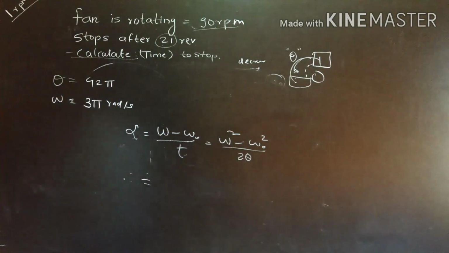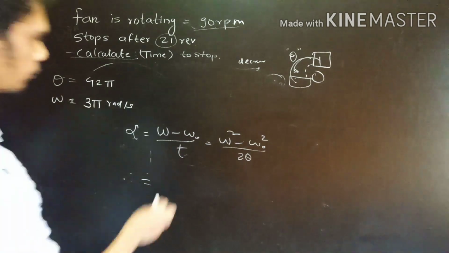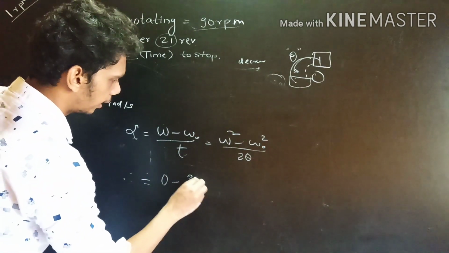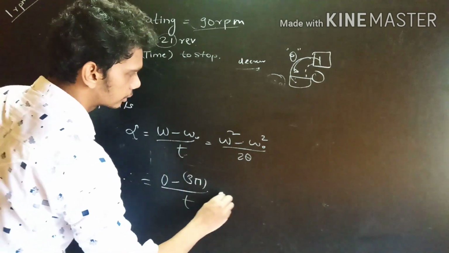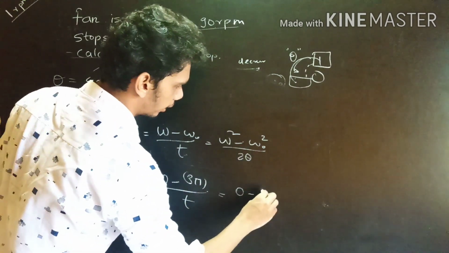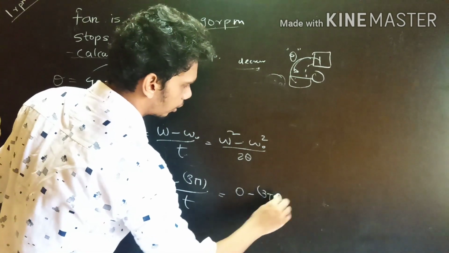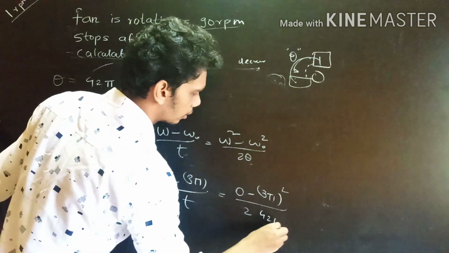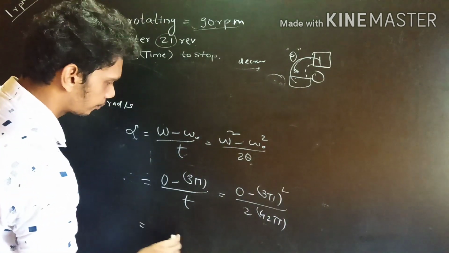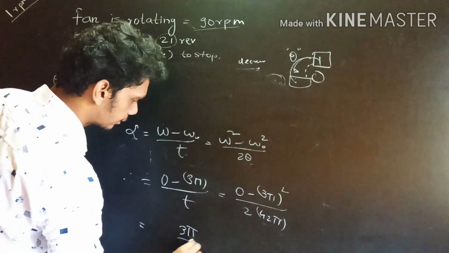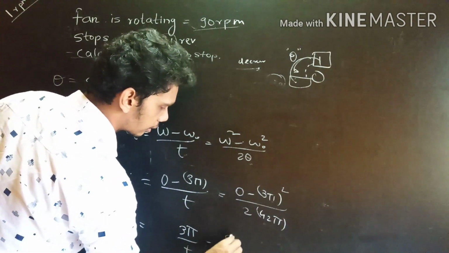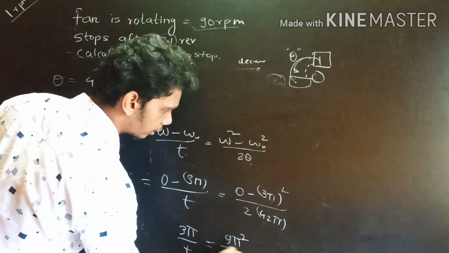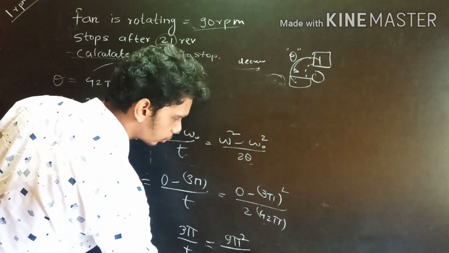So let's study this. When you talk about the time period, let's put in the values: 0 minus omega 0 is minus 3 pi upon t is equal to 0 minus 3 pi the whole square upon 2 times theta, which comes as 42 pi. So 9 pi square upon 2 into 42 pi.